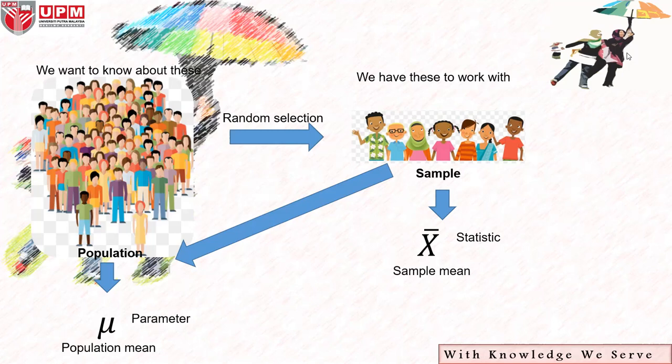First, we need to know who our population is. We need to get the whole list of the members within the population. If it is 10,000, then we need to get the whole list of the 10,000 secondary school teachers. Or for the postgraduate students, we need to get the whole list of postgraduate students in UPM. That's the first step in randomization.